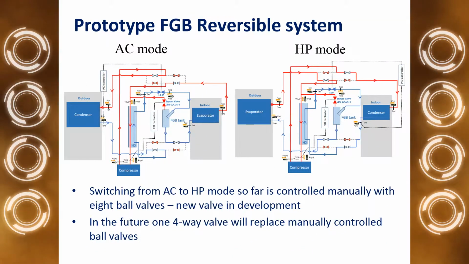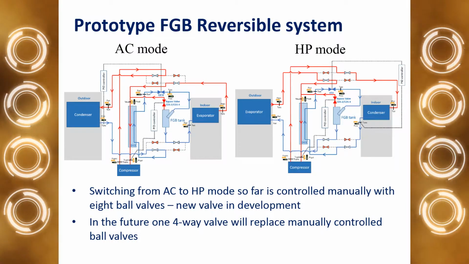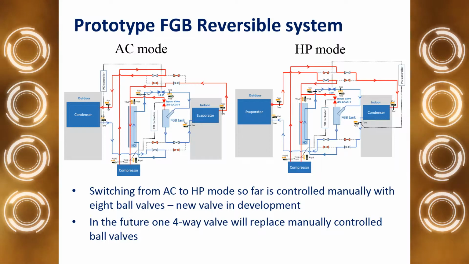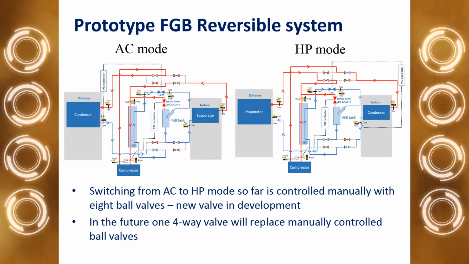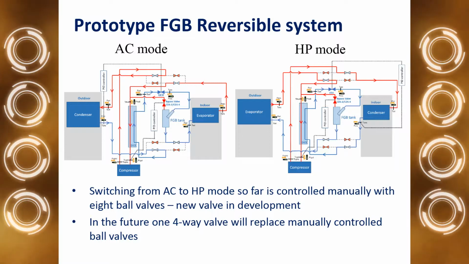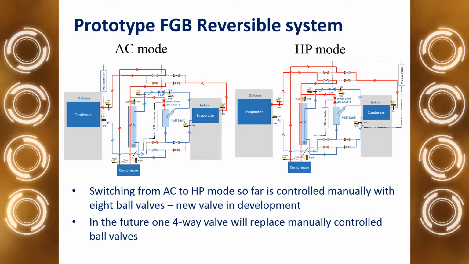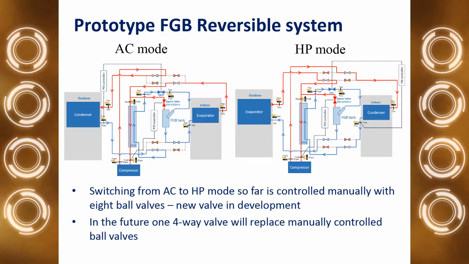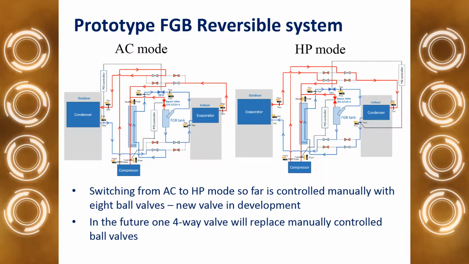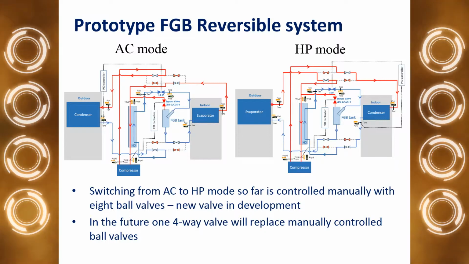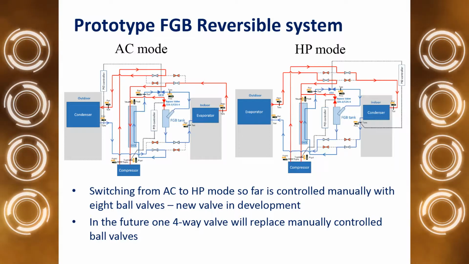Okay, here is the prototype of the FGB reversible system that we made. Here you have a condenser, evaporator, compressor. From the compressor in AC mode, we go through those pipes to these four ball valves, where we switch from one mode to another, and on the bottom we have other ball valves where we are switching, so far manually, from one mode to another.